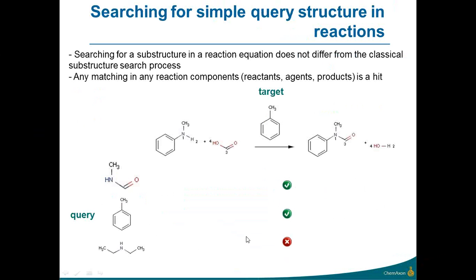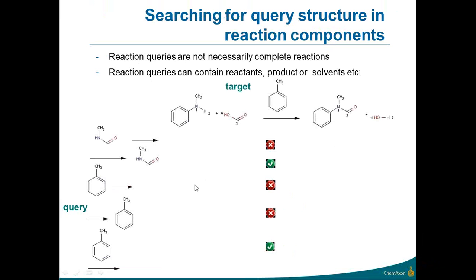Quickly about what types of searches you can query, the features you can build to search in reactions. Basically, substructure search in a reaction equation is supported, and it's exactly the same as a classical substructure search process. It will match any reaction component, whether in the reagent part, the product part, or even in the agents.